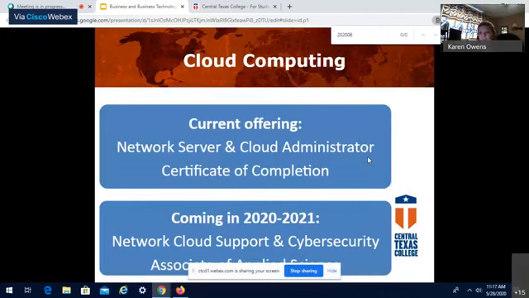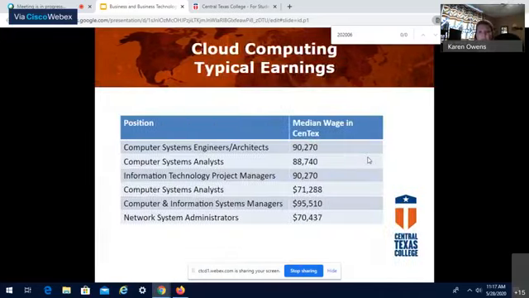Okay. And we move on, and you can see what typical earnings would be for this area. Again, that'll change as you go.